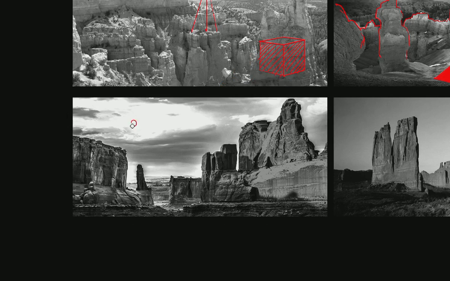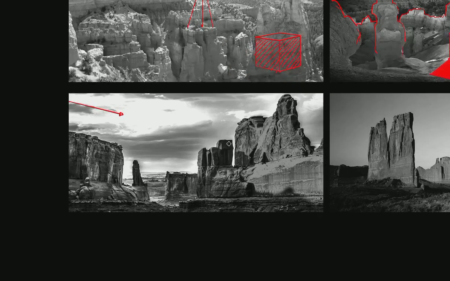It's actually coming in from the left, and it's lighting these rock forms. You can clearly see that there's a shadow side right here, and a light side.